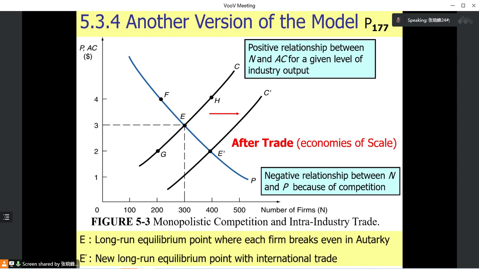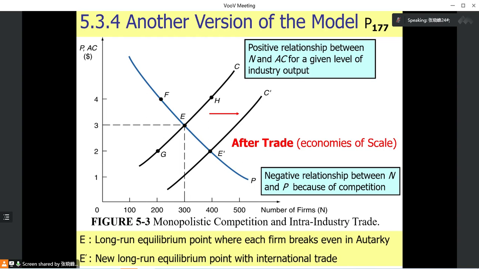That means the enterprise can maximize their total revenue.